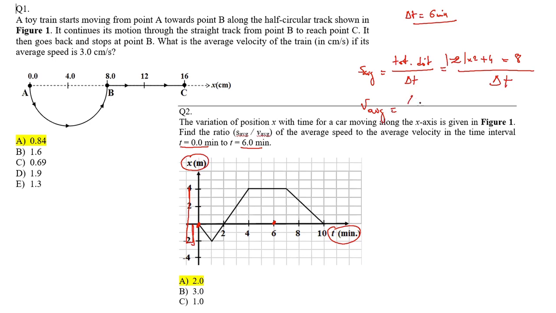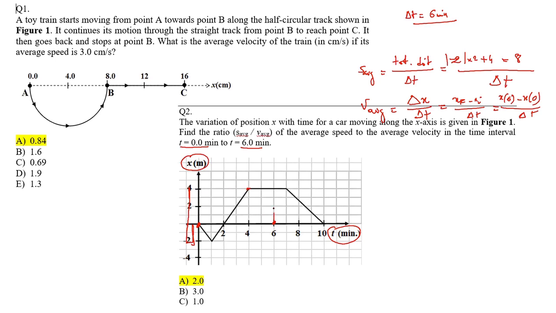Now, what is the average velocity? Average velocity by definition in your formula sheet is displacement divided by delta t. So it will be x final minus x initial divided by delta t. What is x final here? It's x at 6 minutes minus x initial, x at 0 minutes, divided by delta t. So x at 6 minutes is here. I read it.